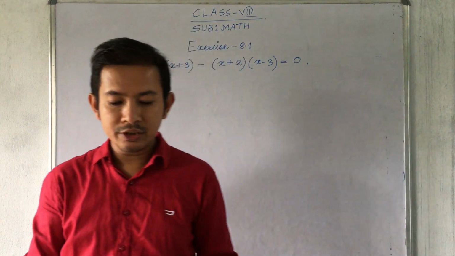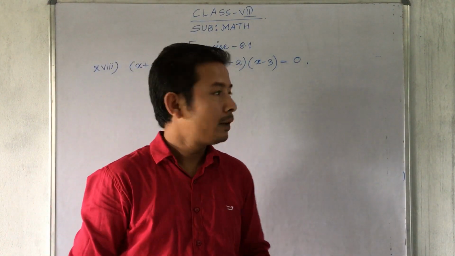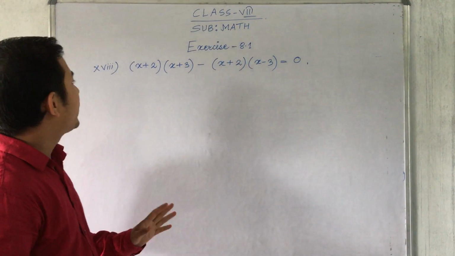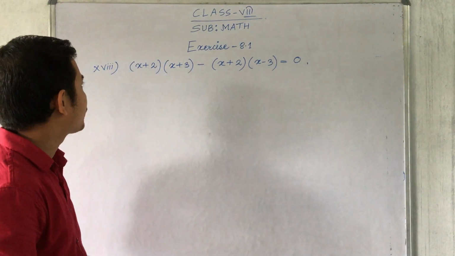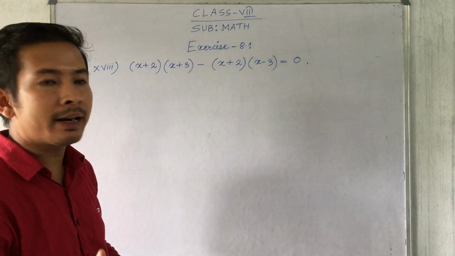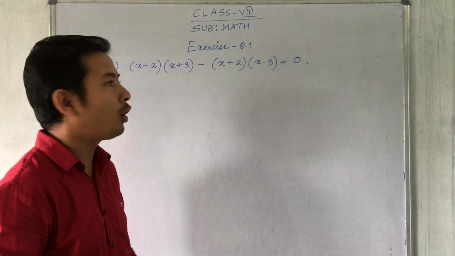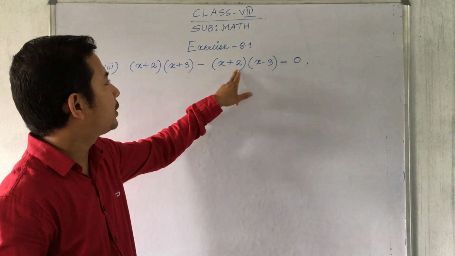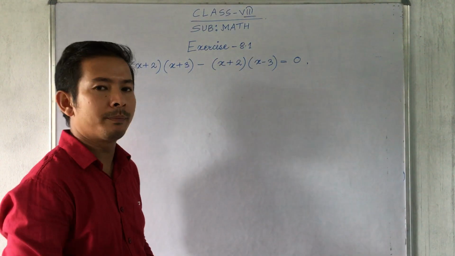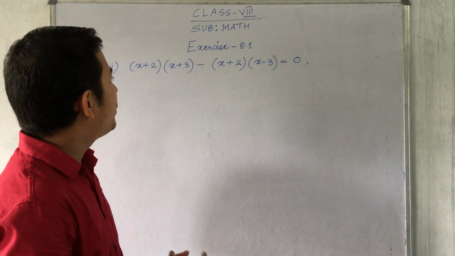This problem is not in the fractional form, but in this case, look here, x plus 2 and x plus 3 are multiplying each other. x plus 2 is inside the bracket and x plus 3 also, and there is a minus sign in the middle, and again x plus 2 into x minus 3 equal to 0. So how will we do this?